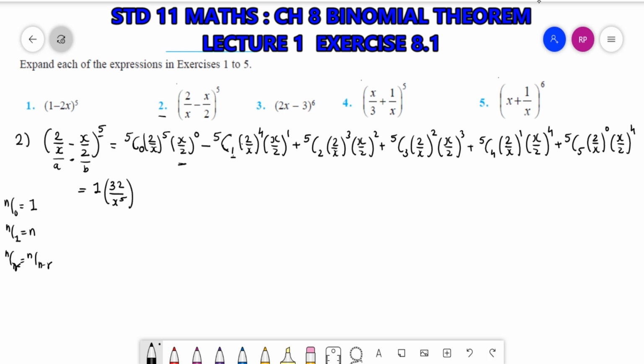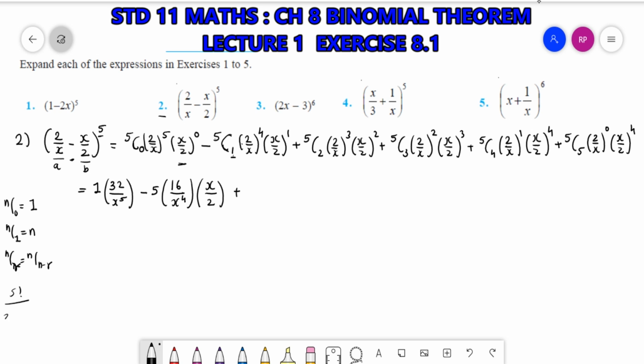And x by 2 raised to 0 is equal to 1, minus 5c1, that is nc1, n, so it will be 5. 2 raised to 4, that is 16, and x raised to 4, into x raised to 1, 2 raised to 1, 2. Plus 5c2, let's solve it separately.